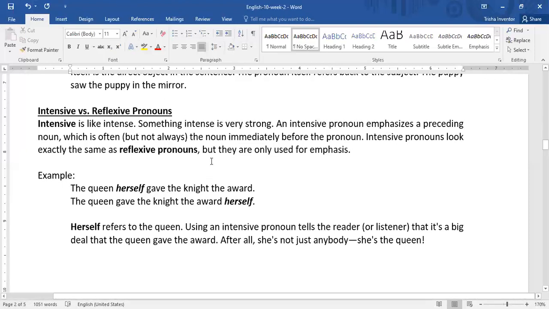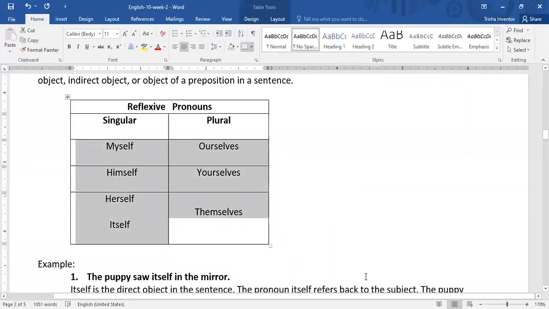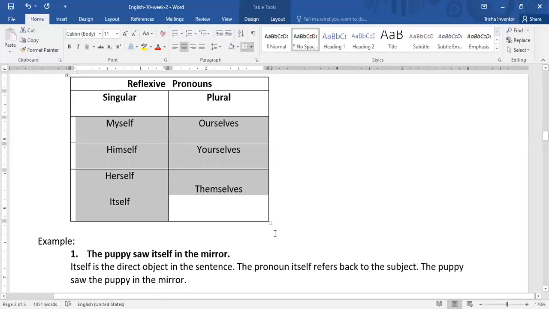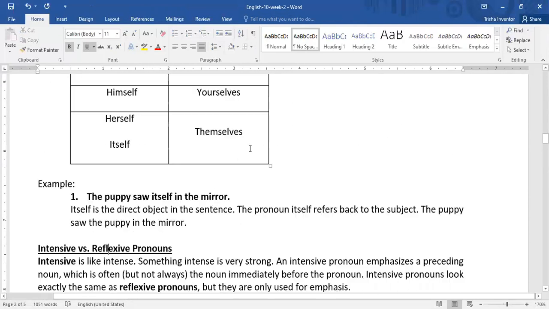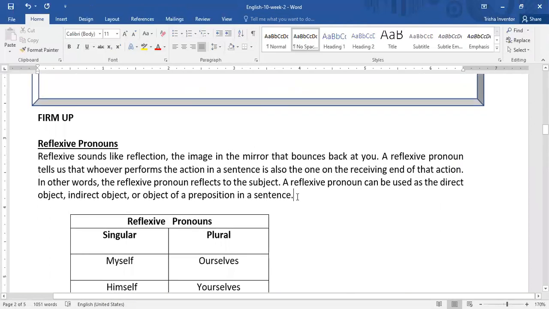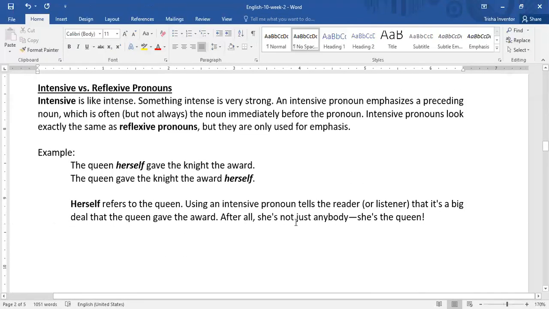So, intensive pronouns are the same as reflexive. The examples are the same: myself, himself, ourselves, yourselves, and so on. That is what they have in common. But the difference is that intensive pronouns are used for emphasis, while reflexive pronouns are used as a direct object. It's important to the sentence.